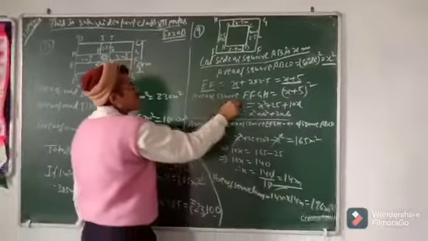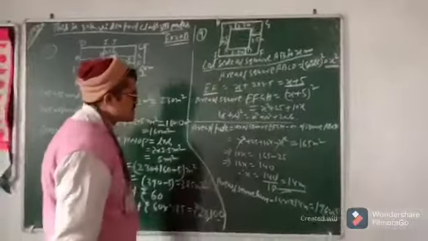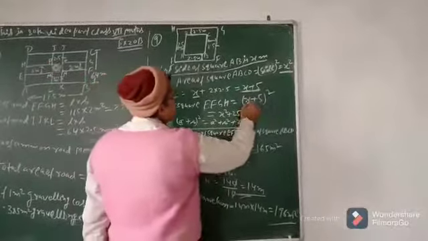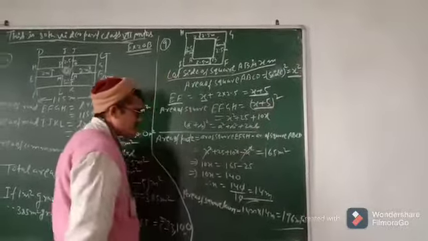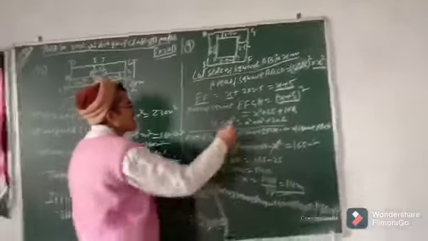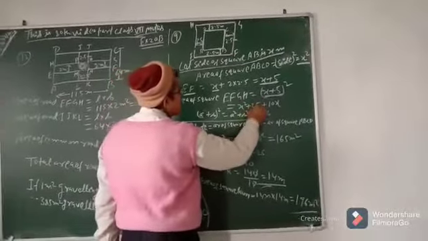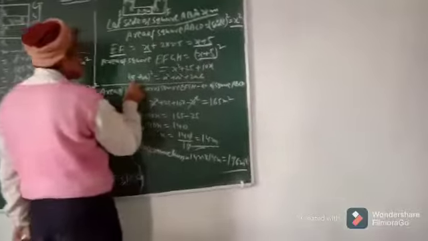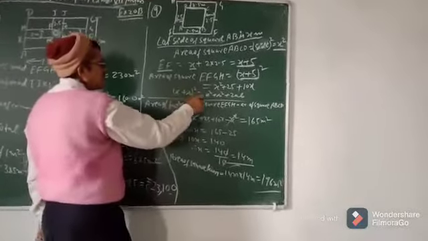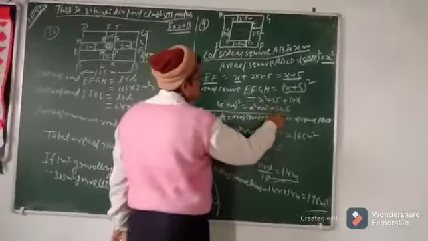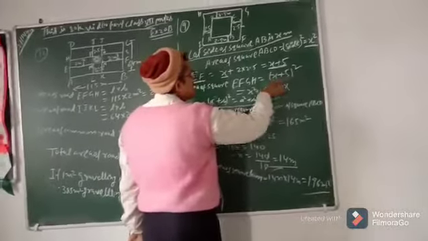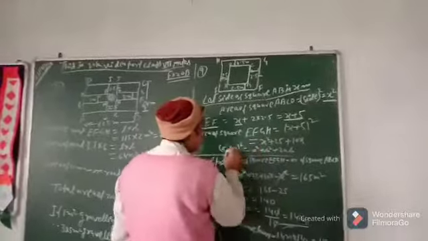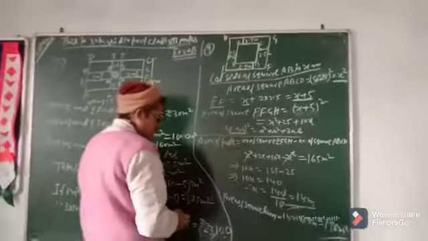Our area of square EFGH is (x plus 5) whole square, so we write (x plus 5) whole square. So we write x square plus 25 plus 10x. All of you know (a plus b) whole square is a square plus b square plus 2ab, so we use this formula also.